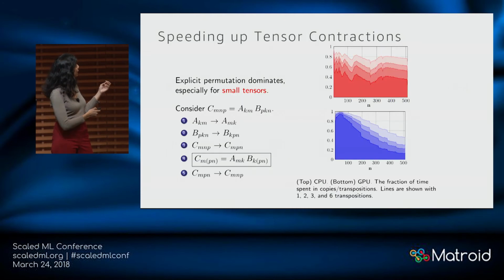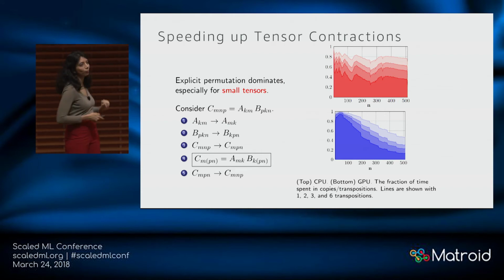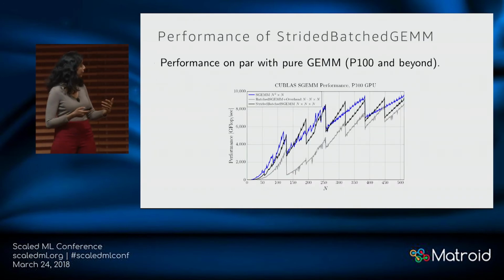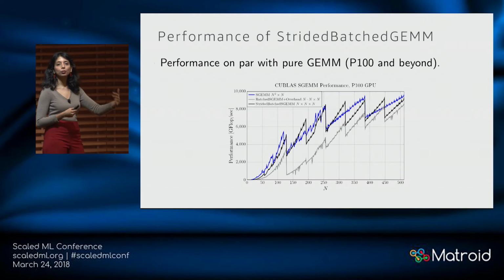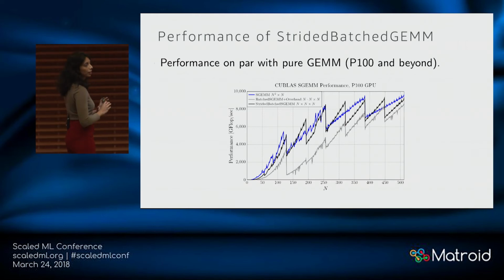So if you recall earlier, I mentioned that if you did all the transpositions, you would be doing a single GEMM, a single matrix multiplication operation. So you cannot do better than this. It's all this other overhead that we want to avoid. And by using this new primitive called Strided Batched GEMM, we come close to achieving the ideal case. And so to me, this is just the starting point.